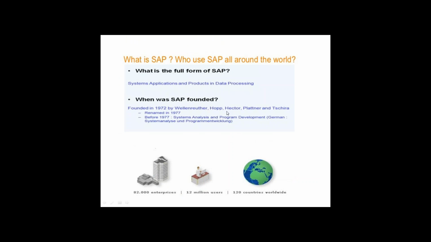These are the five people who developed SAP for the markets. Later, we are discussing SAP is a leader in ERP segments. More than 75% of the ERP market is occupied by SAP.